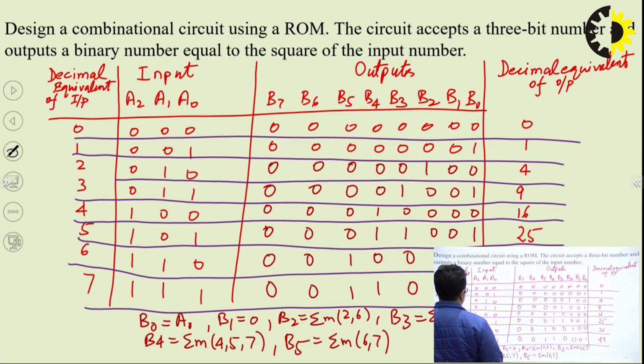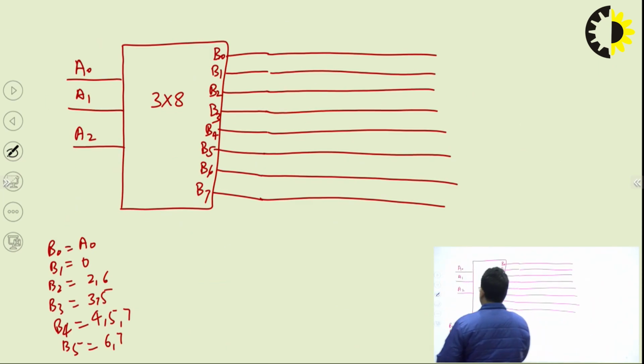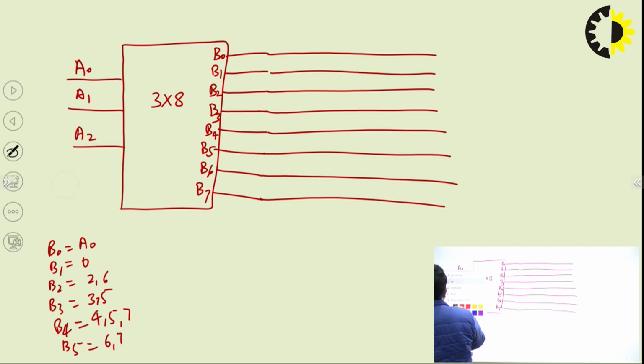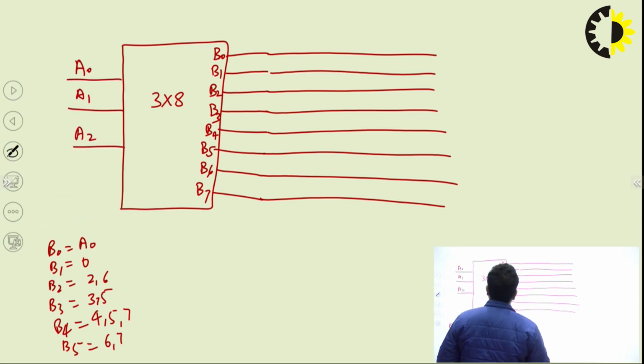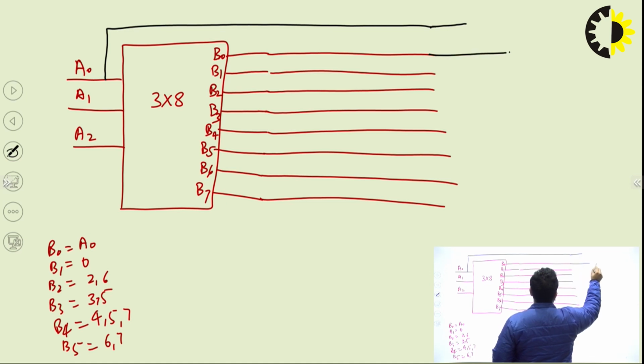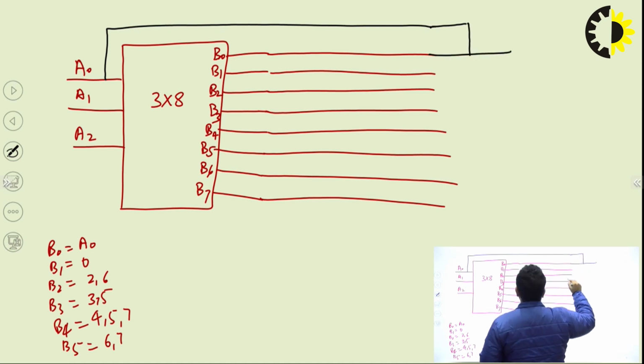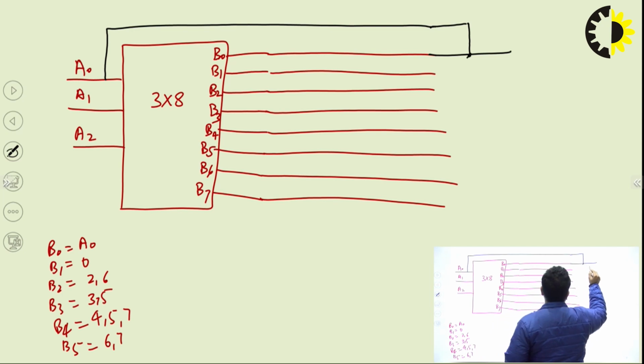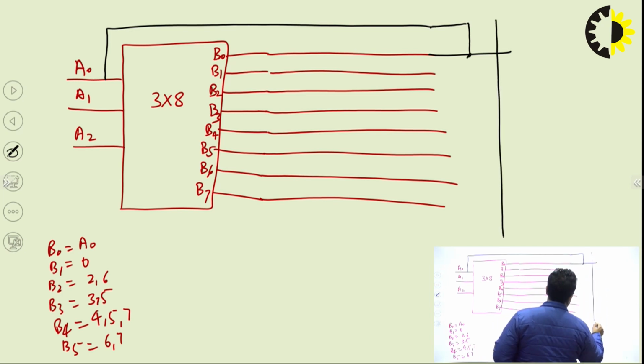B0 is continuously attached with the A0. So this is your A0, right? So it is continuously attached with the A0, so we can have this, and this is your B0.